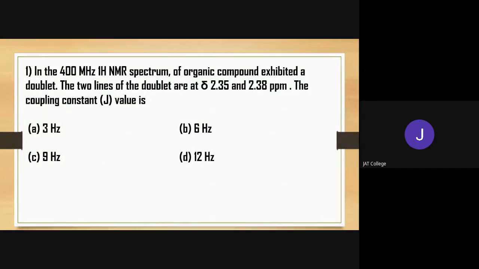You have to take the difference between 2.38 and 2.35. What is the difference? 0.03. And the instrument frequency is 400, so we can write 400 as 4 into 100. Here the difference is 0.03.